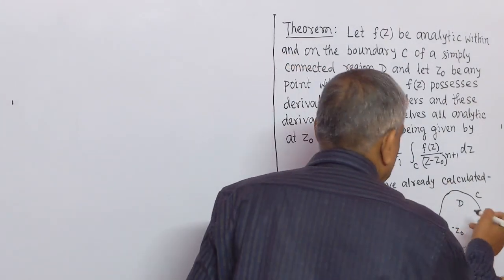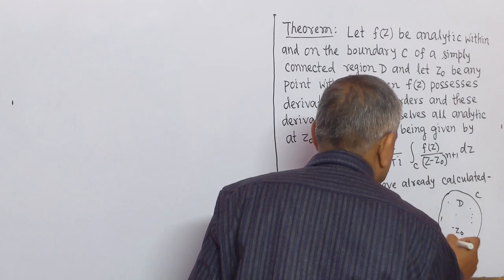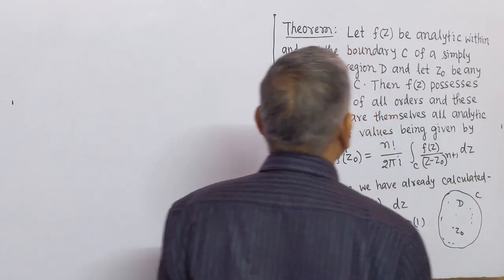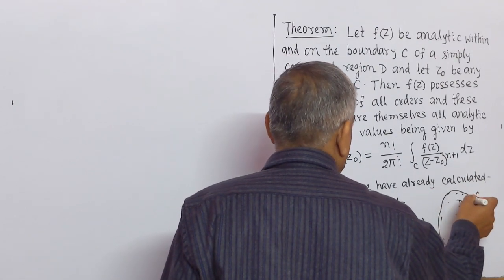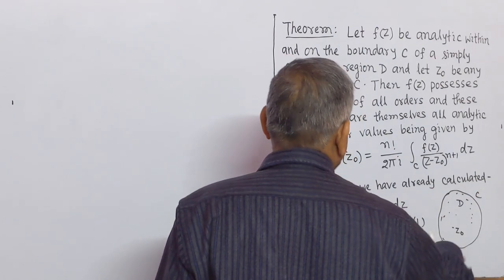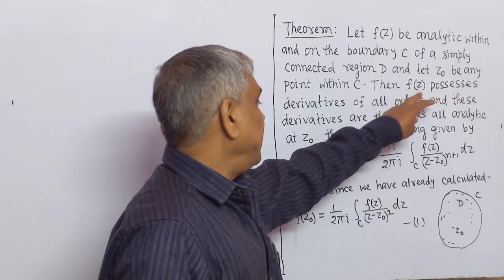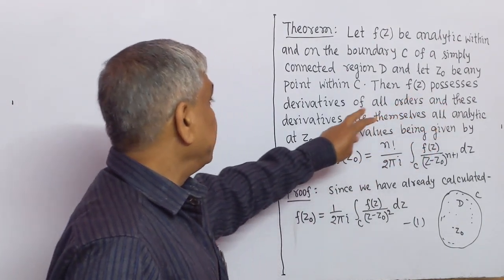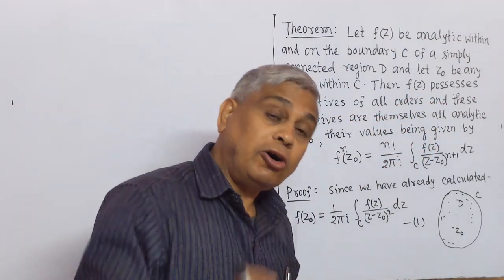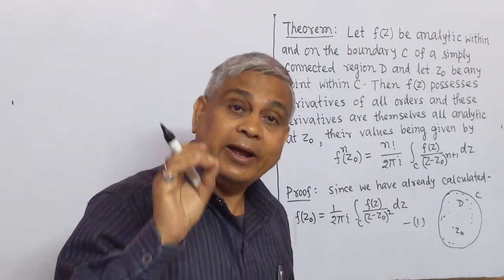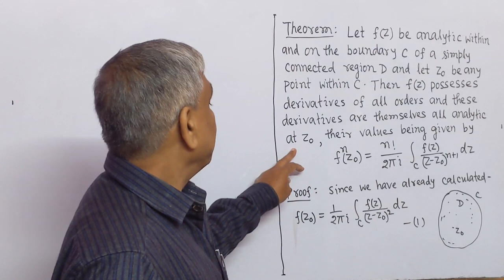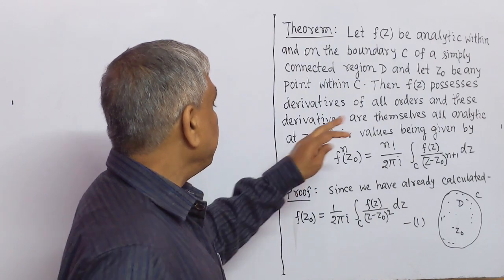Within means inside the points of boundary C of a simply connected region D. This region is known as the D region. Then f(z) possesses derivatives of all orders and these derivatives are themselves all analytic at the point z equal to z naught.